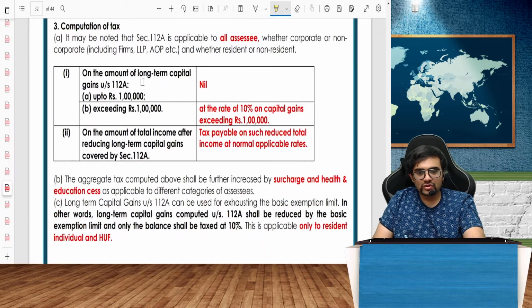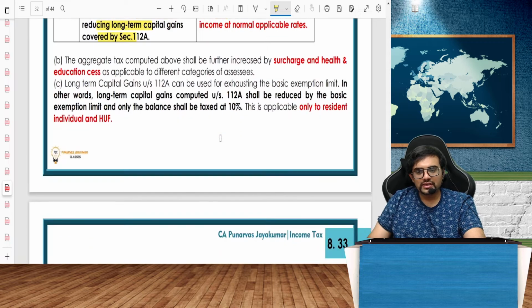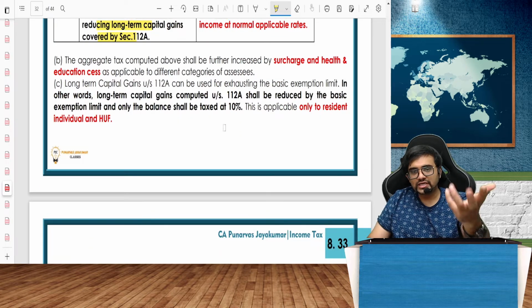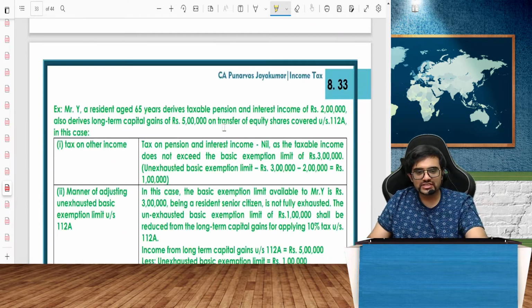Then, on the amount of long-term capital gain under 112A, up to 1 lakh, nil. No capital gain tax for 1 lakh. Exceeding 1 lakh, 10%. On the amount of total income after reducing long-term capital gain, the tax is payable at the normal applicable rates, and to that you will add surcharge, health and education cess.